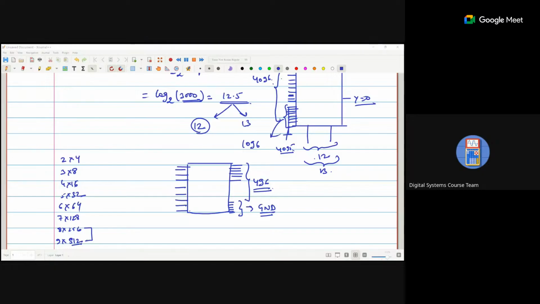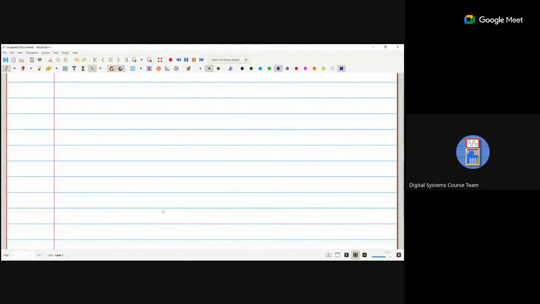Next, the number of logic levels and the number of 2 cross 4 decoders with enable required to hierarchically build a 6 cross 64 decoder, respectively. So how many 2 cross 4 decoders are required to implement a 6 cross 64?